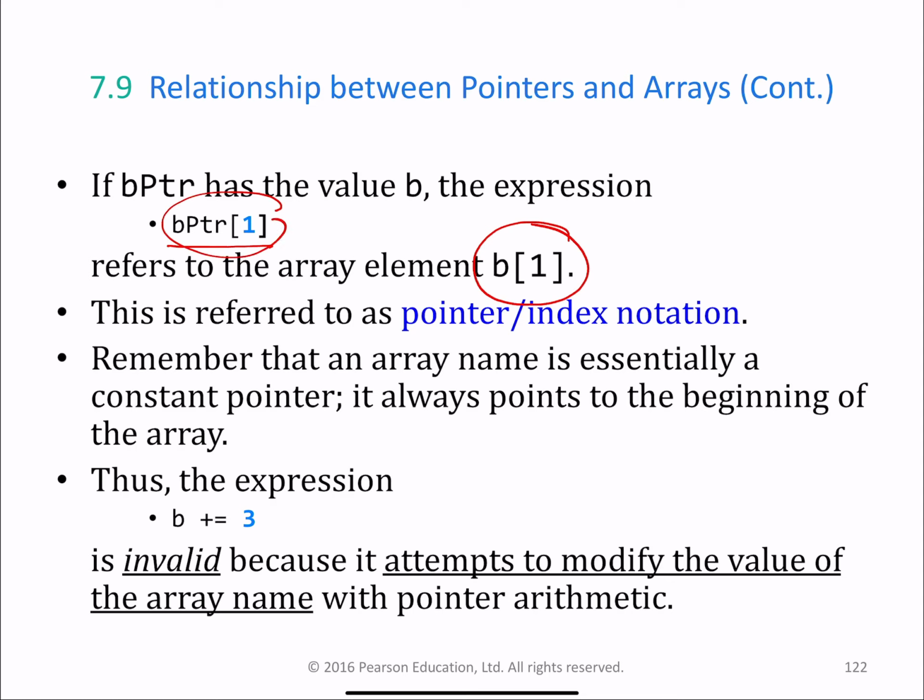So this and this are equivalent. This is yet another notation. This is called pointer index notation. Pointer, because we're using the pointer to reference the array, and index because we're using a number in these square brackets.